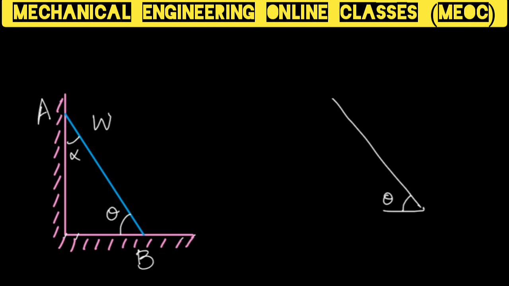The weight of the ladder always acts vertically downward, no matter how the object is. This ladder is in touch with the wall at point A. So the surface contact is like this, the ladder is like this. Now when we are replacing this contact surface, the normal reaction will be perpendicular to that contact surface and towards the object.